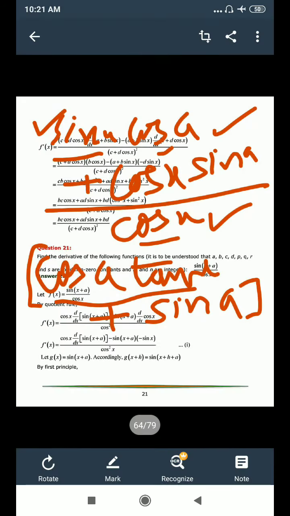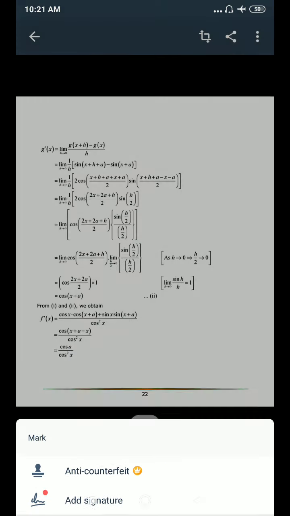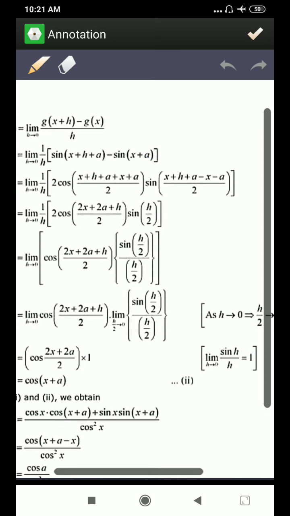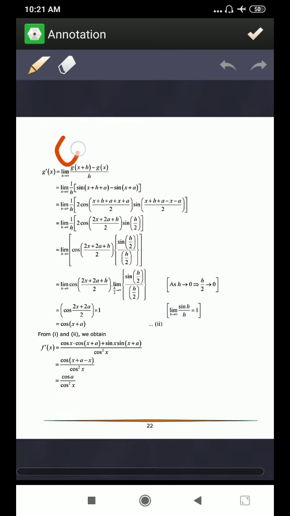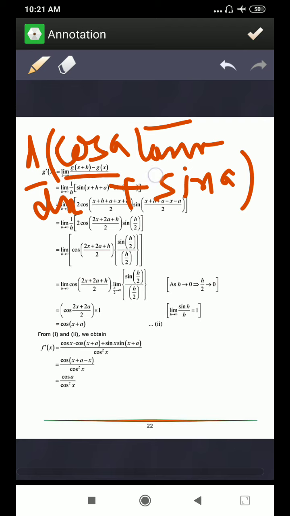So I will differentiate it, cos a tan x plus sin a. So we'll write d over dx of cos a tan x plus sin a. When we differentiate this, cos a is a constant.